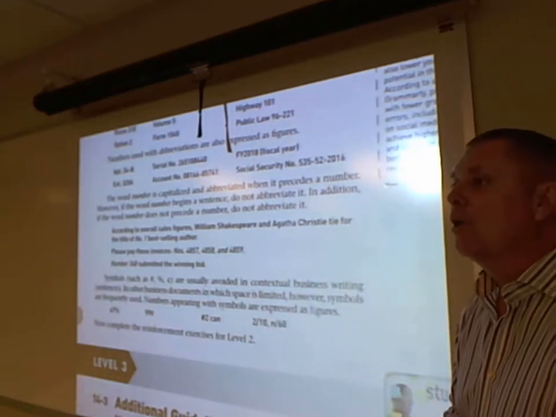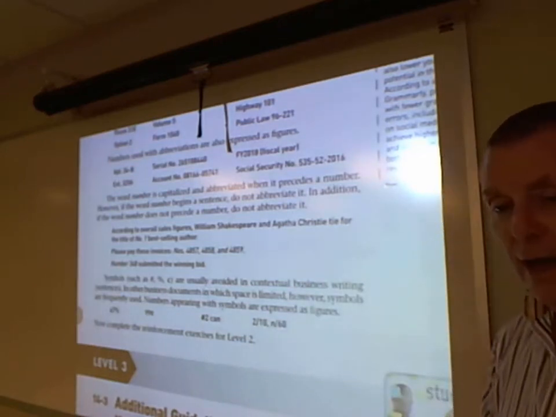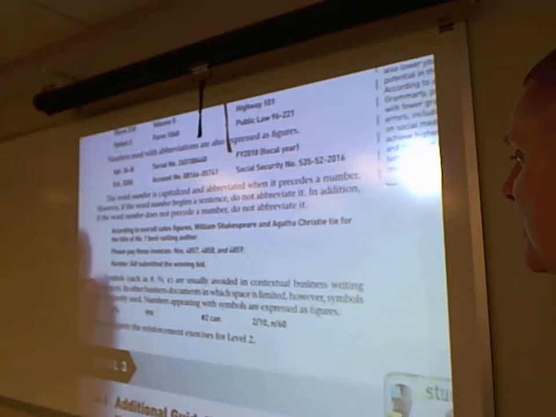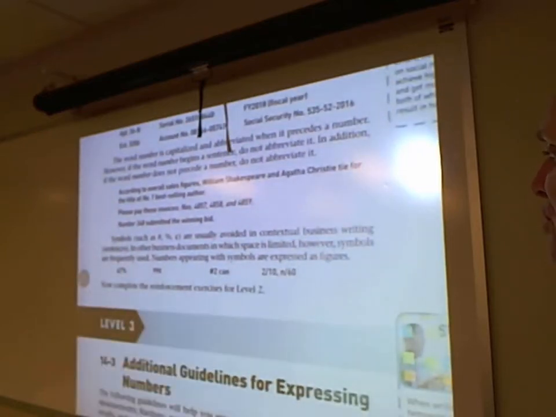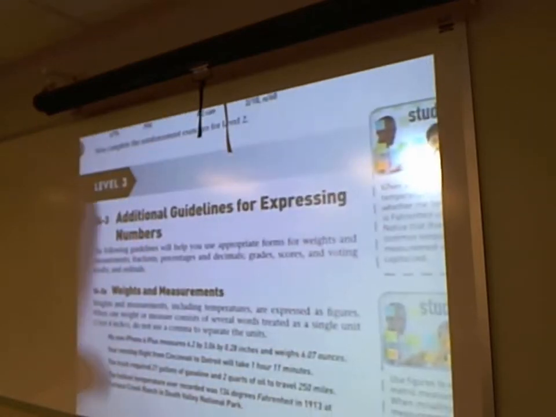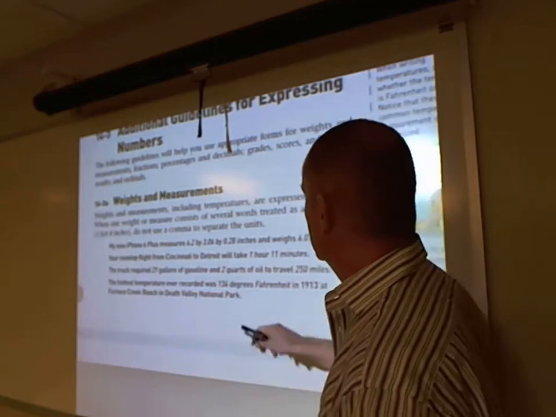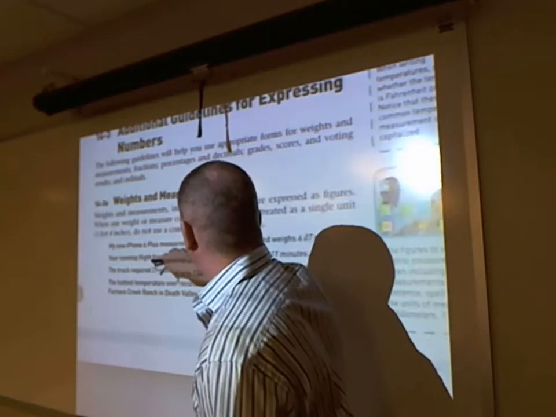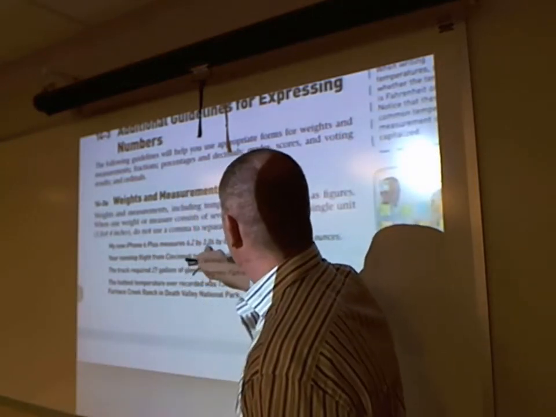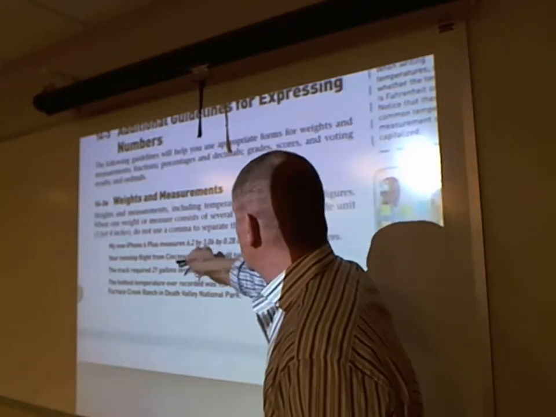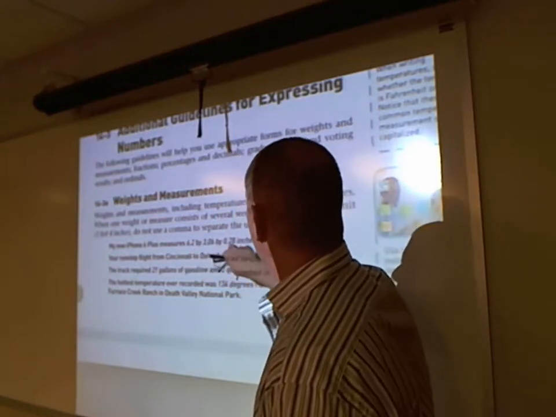Weights and measures should be figures. So the iPhone 6 Plus measures 6.2 by 3.06 by, notice they're using the word by, 0.28. They put a 0 before this decimal figure because the first number following the decimal point is not a 0.